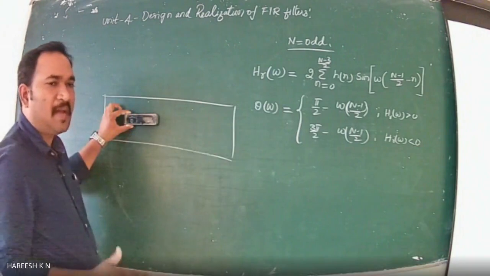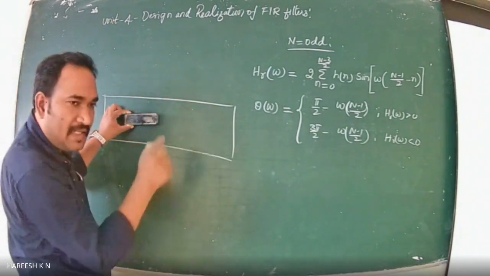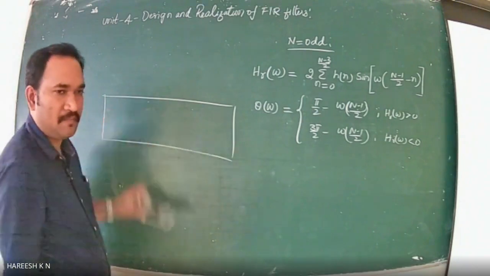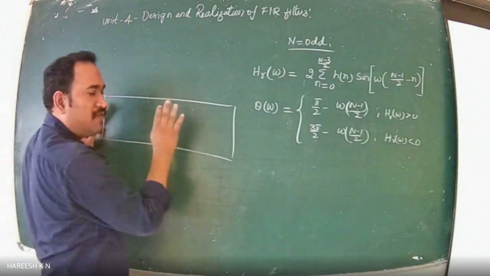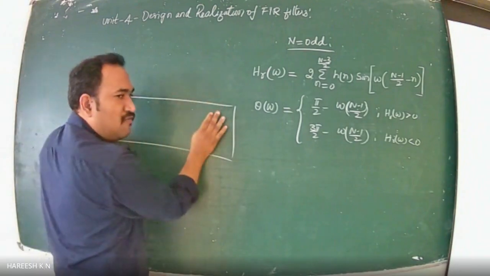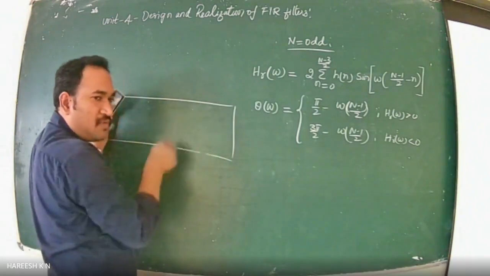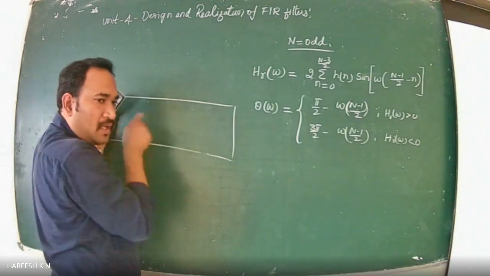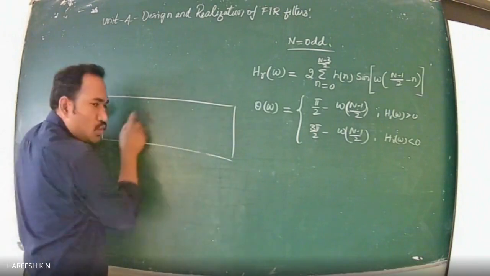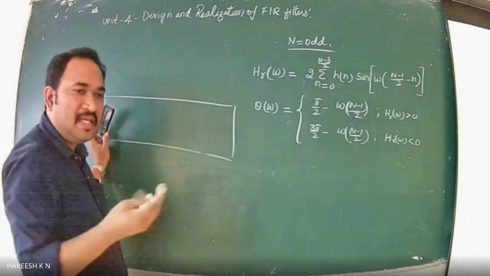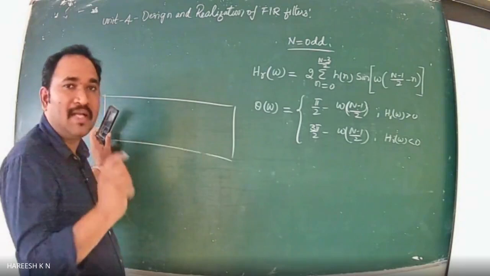Just imagine that I have a paper with some rectangular cut in that paper. If I simply overlap the infinite duration impulse response with that paper, which has a slit, a rectangular cut in between, whatever is visible through that cut is the finite duration impulse response. That is what we call a window.